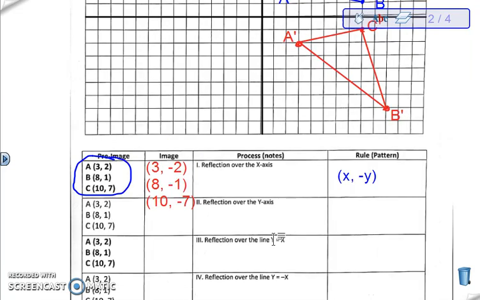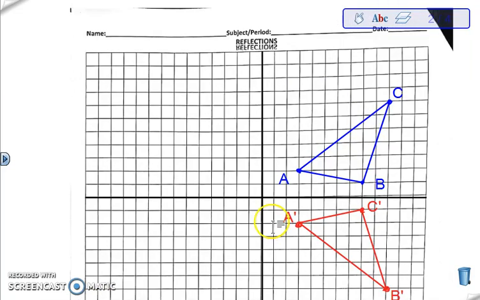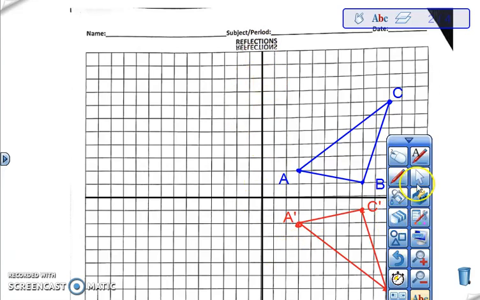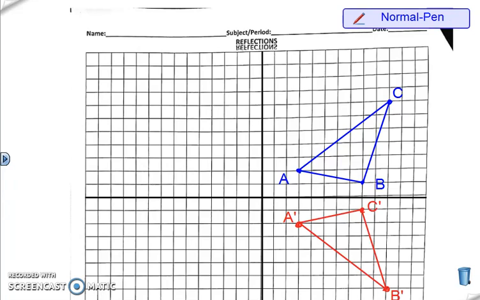Then we want to reflect across the line over the y-axis. The y-axis goes up and down. So we're going to want our points to be flipped across, so like over here somewhere.